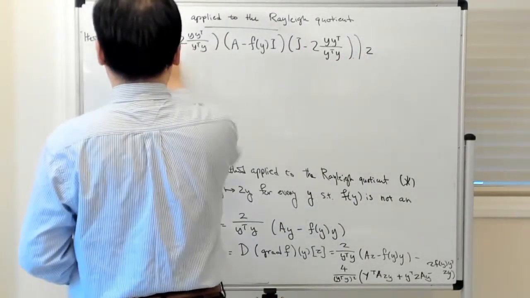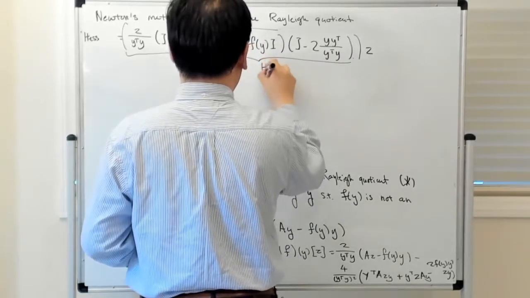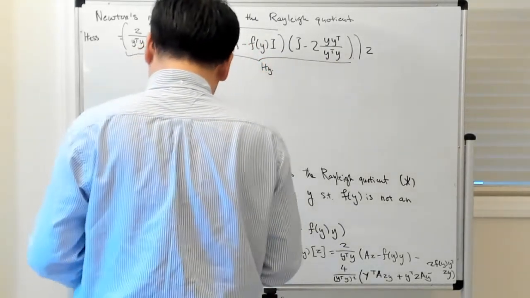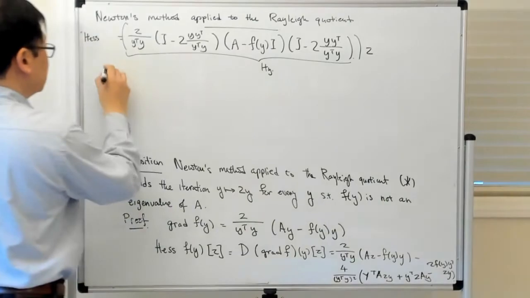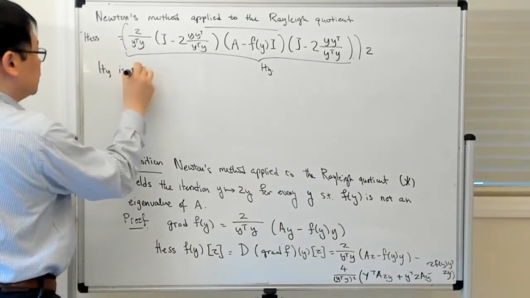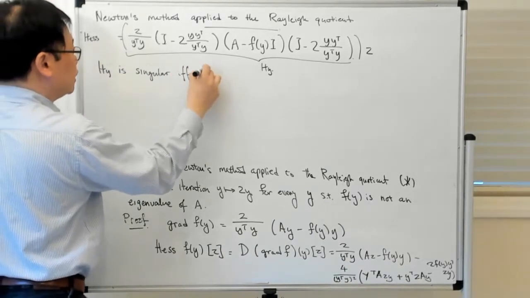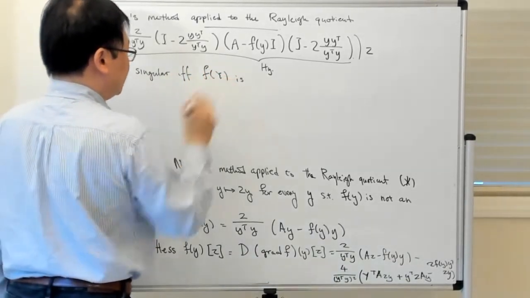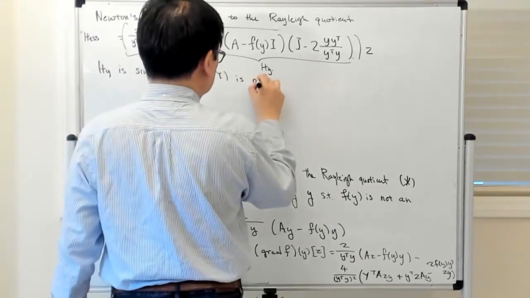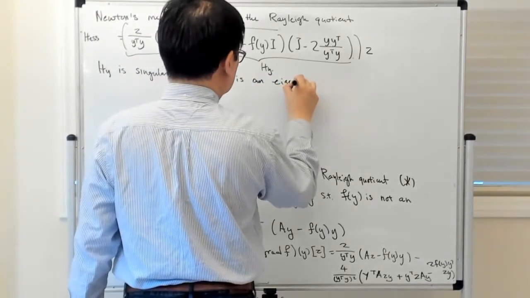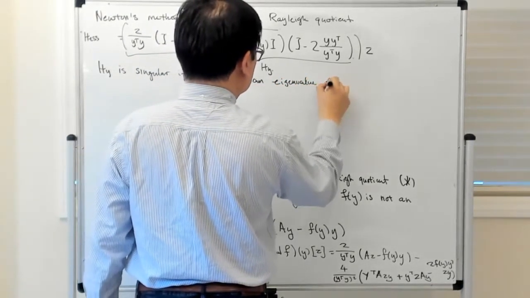Let's call this thing in the parentheses H_y. So H_y is singular if and only if f(y) is an eigenvalue of A.